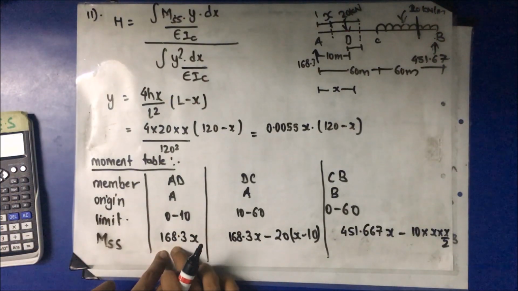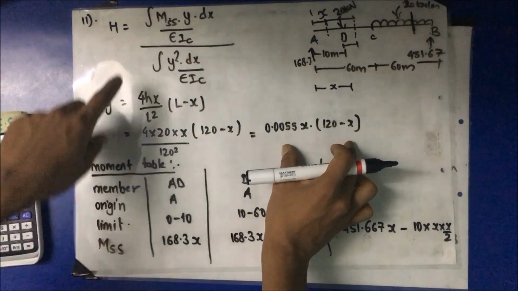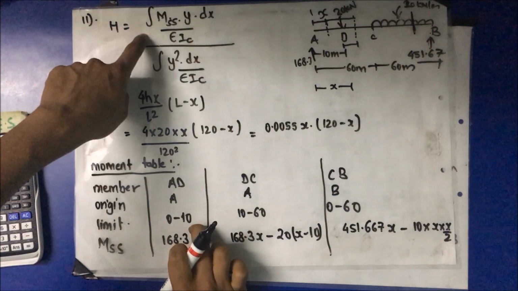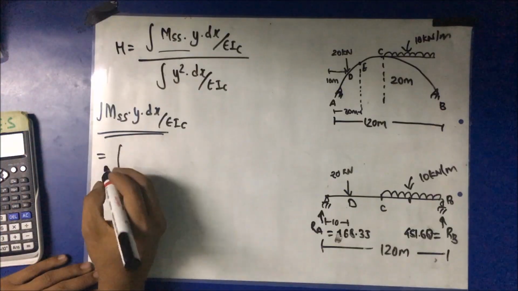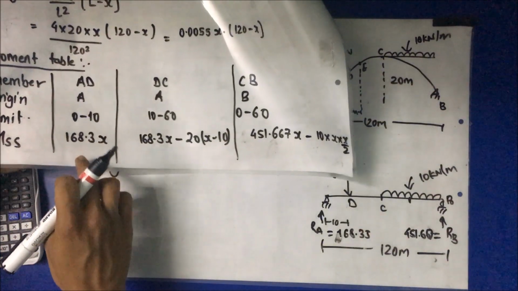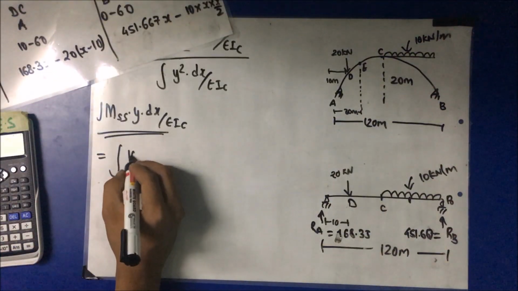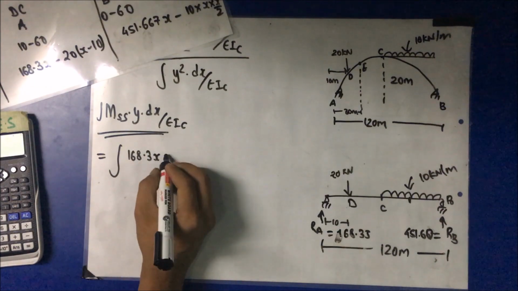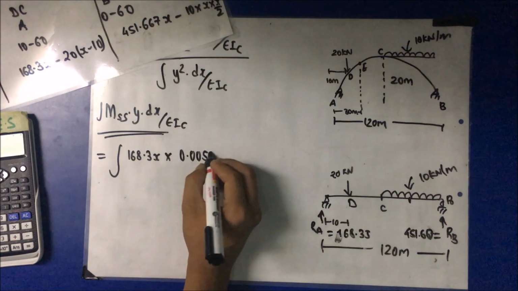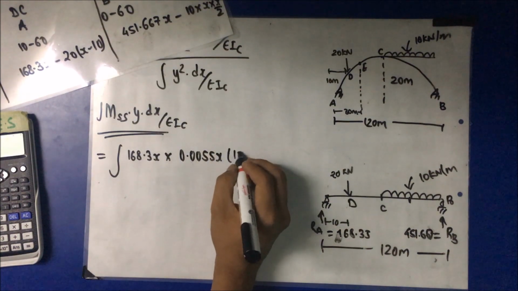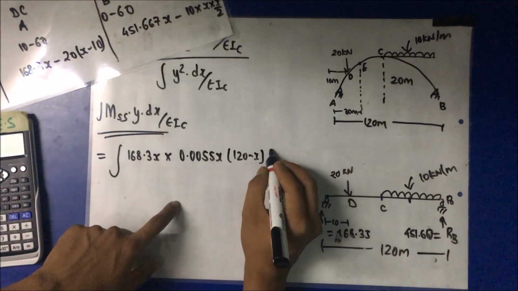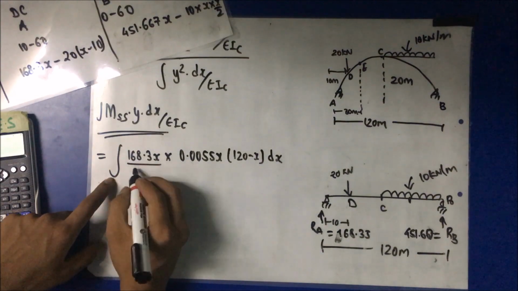So 168.3 multiplied by this, because M_s into y, and the span being 0 to 10, for the numerator. M_s for the AD portion is 168.3x, so 168.3x multiplied by y, that is 0.0055x (120 minus x) dx by EI_c.